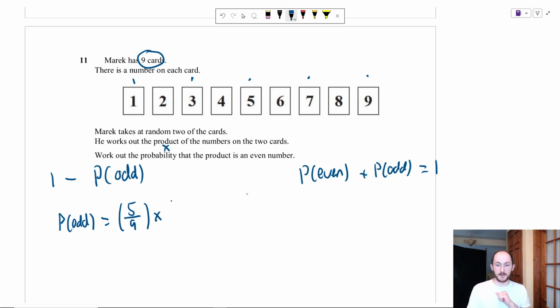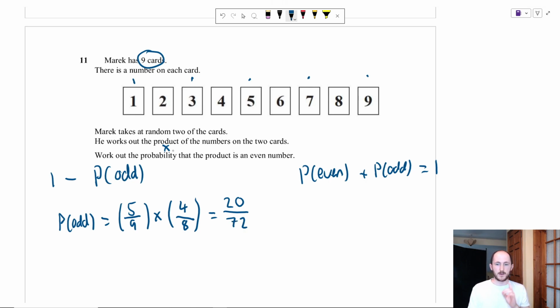Then we multiply by getting another odd number. So how many odd numbers are there now that I've taken 1? Well, there's only 4 odd numbers and there's 8 total numbers. Does that make sense? Yeah, okay, good. Which would be 20 over 72, which you can probably simplify. Well, no, you definitely can simplify, but that'd be it.